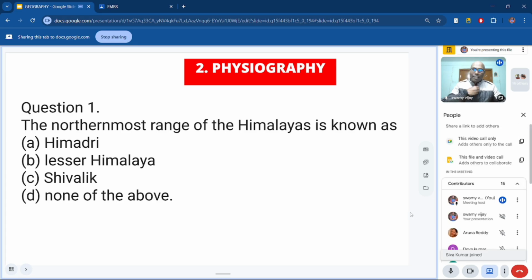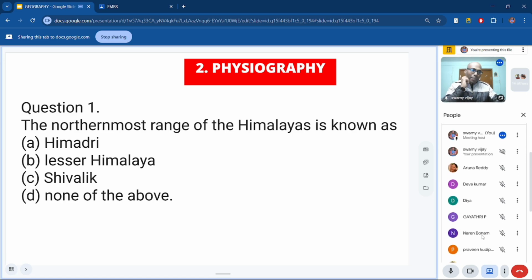Aruna Reddy, please read the question. Sir, the northernmost range of the Himalayas is known as option A, Himadri, option B, Lesser Himalaya, option C, Shivalik, and option D, none of the above. Right, start answering. There are 3 layers of Himalayas, which one is the northernmost range?